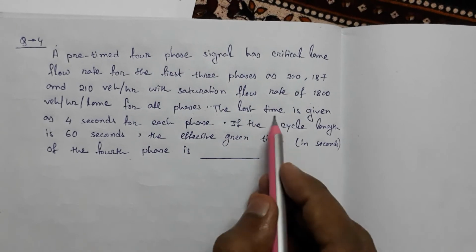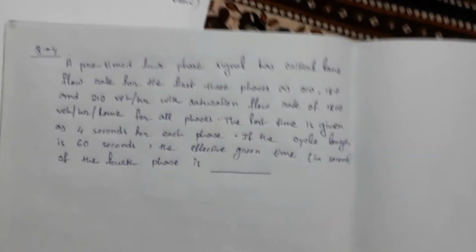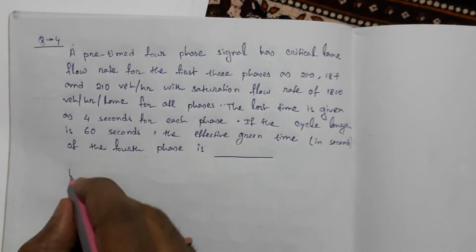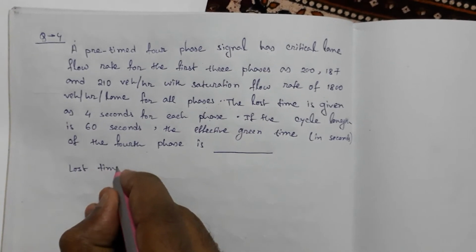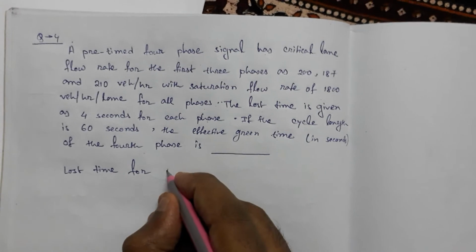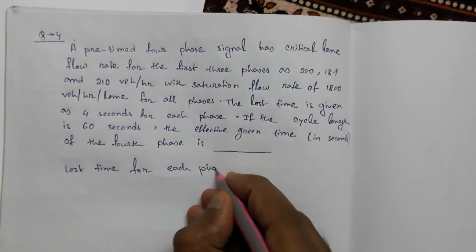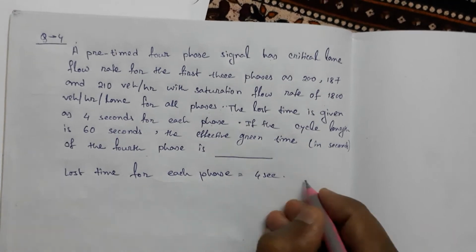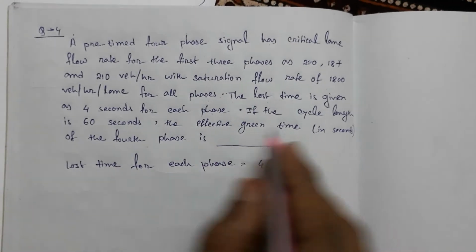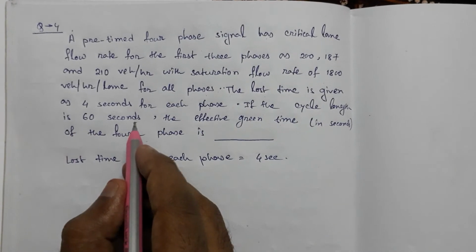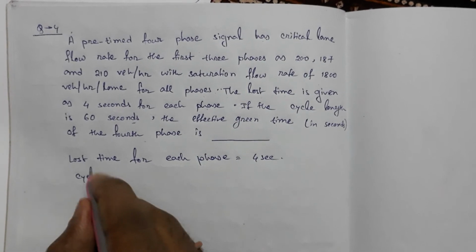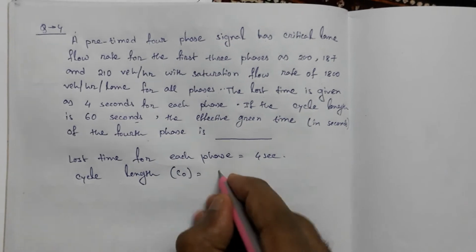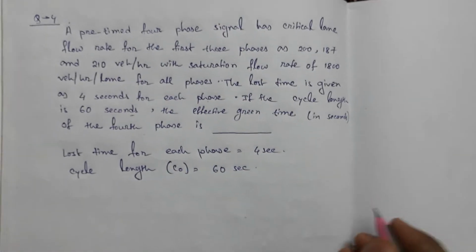The loss time is given as 4 seconds for each phase. If the cycle length is 60 seconds, that means C0 is 60 seconds.